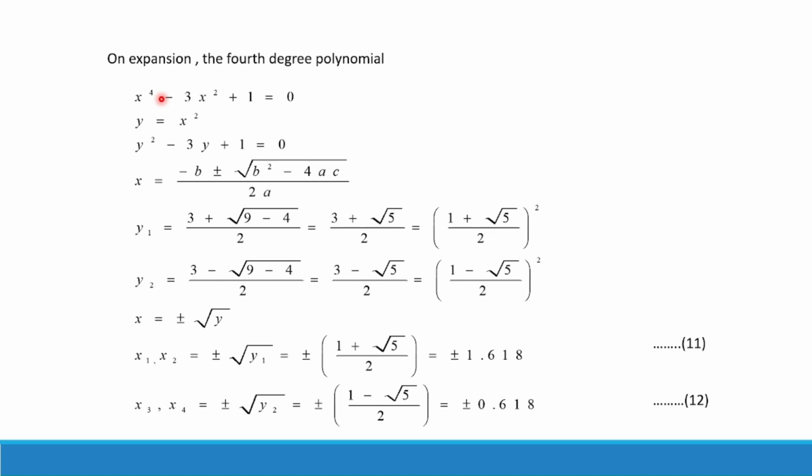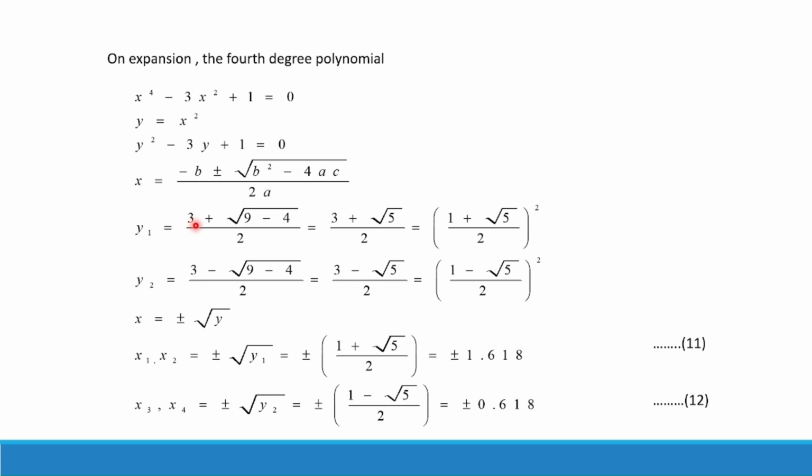So this equation can be solved easily by putting y equal to x square. Now with y equal to x square, the above equation may be written as y square minus 3y plus 1 equal to 0. Now this equation will have two roots. We know the formula for it: y is equal to minus b plus minus root of b square minus 4ac by 2a.